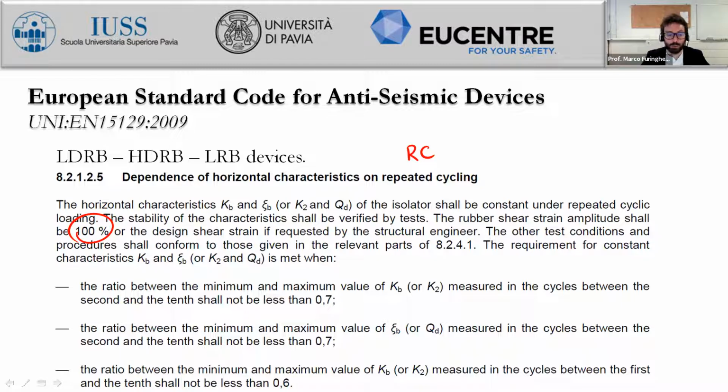So we just have to check the values for all the cycles, and then we know that under repeated cycling excitations we have a degradation of the mechanical properties of the bearings. We will try to see this aspect tomorrow for the real tests.